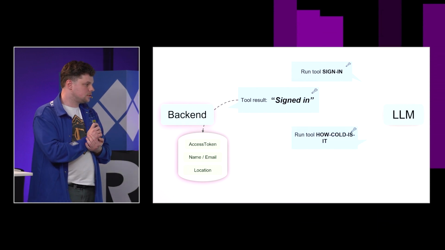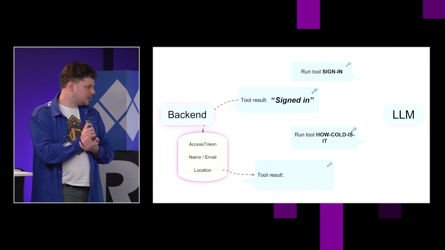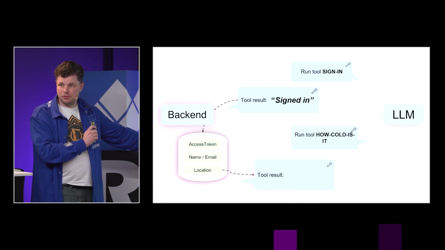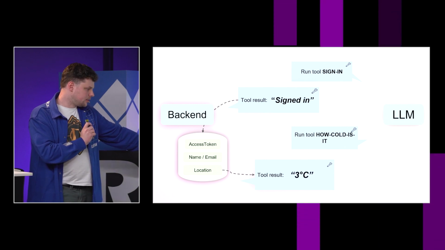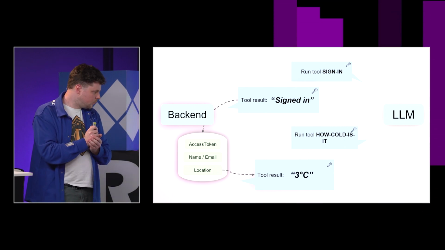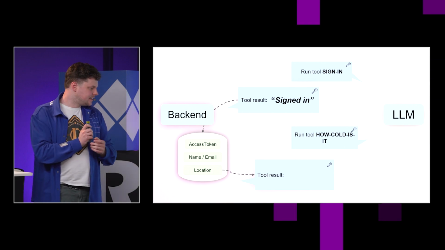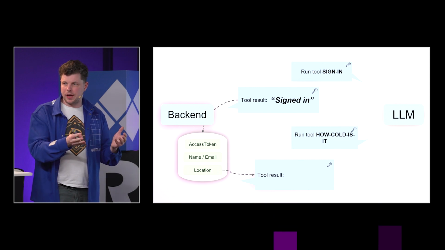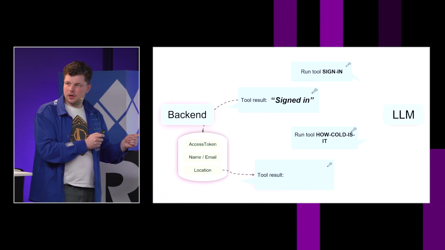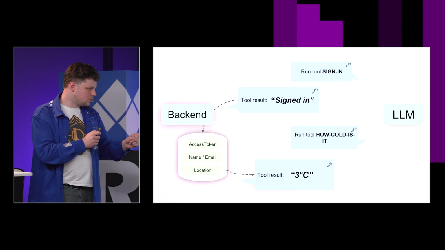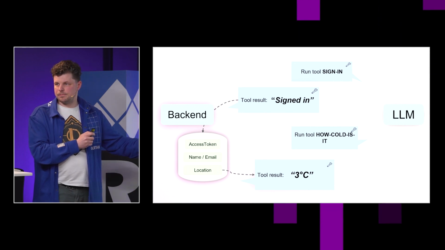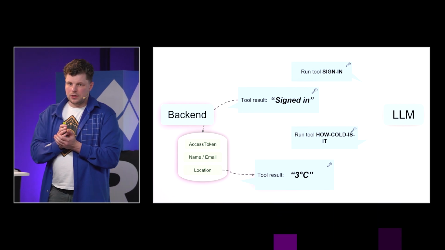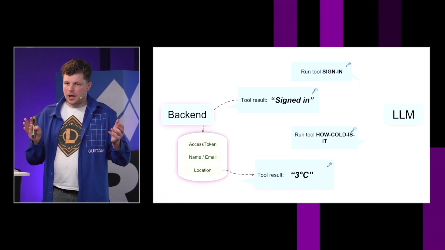The next tool, how cold is it, uses location stored in a buffer. And it gets weather via API in this location and returns only temperature value. Of course, in this case, we haven't revealed anything about the user.